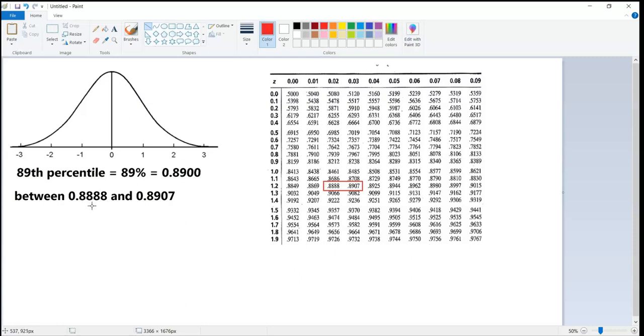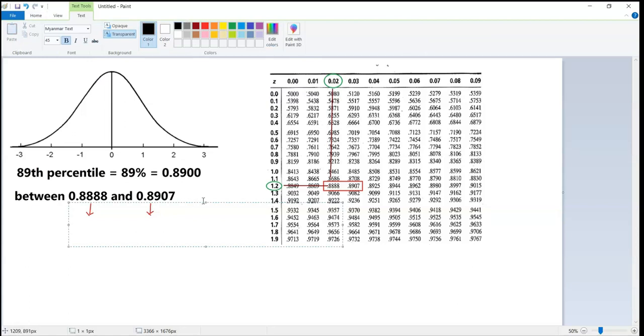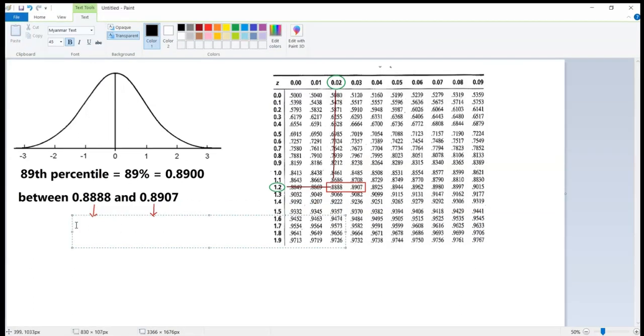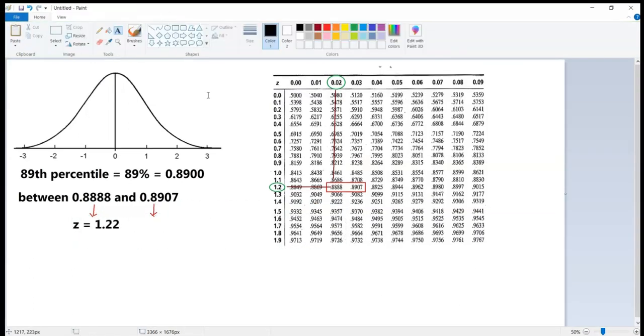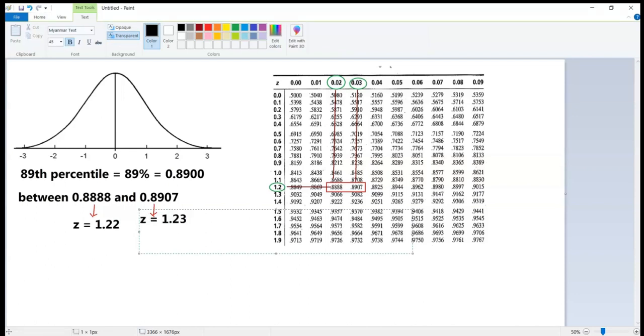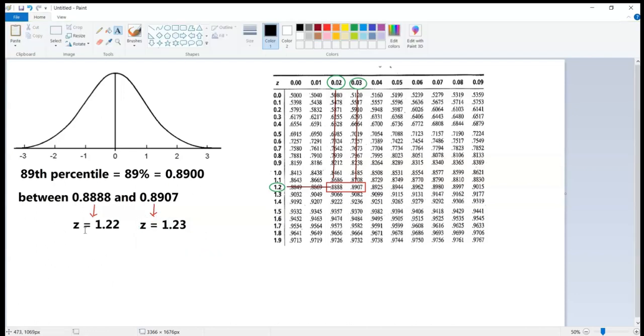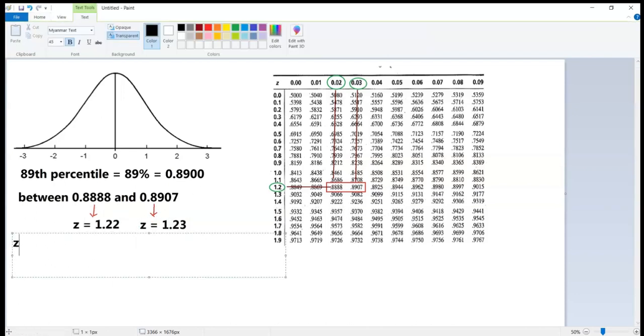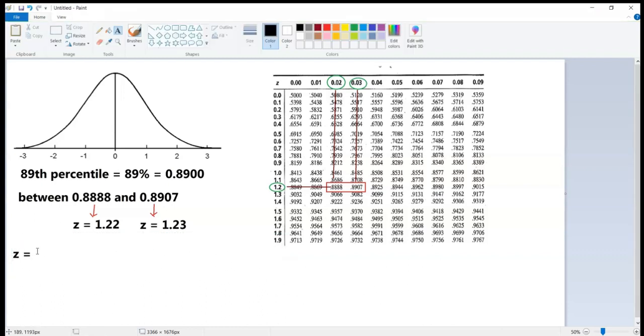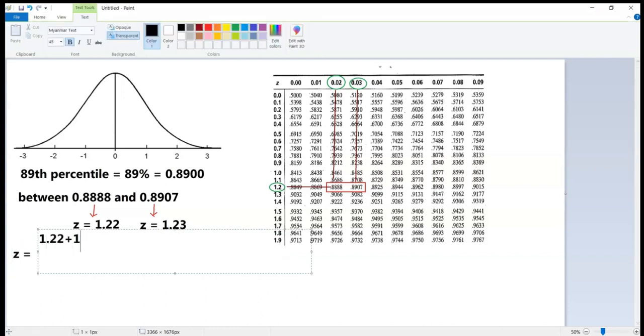0.8907. So the next step is to find the z-score associated with these two areas so that we can identify the z-score of 0.8900. So the z-score of 0.8888 is at 1.22, and the z-score of 0.8907 is at 1.23. By interpolation, let's find the average of these two z-scores.